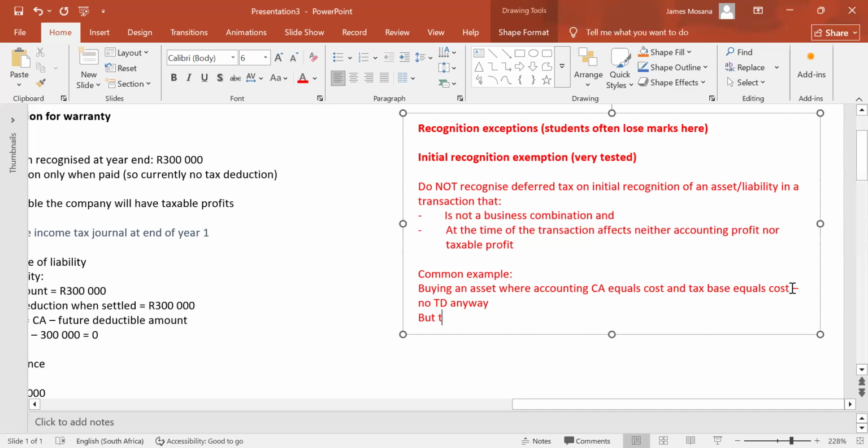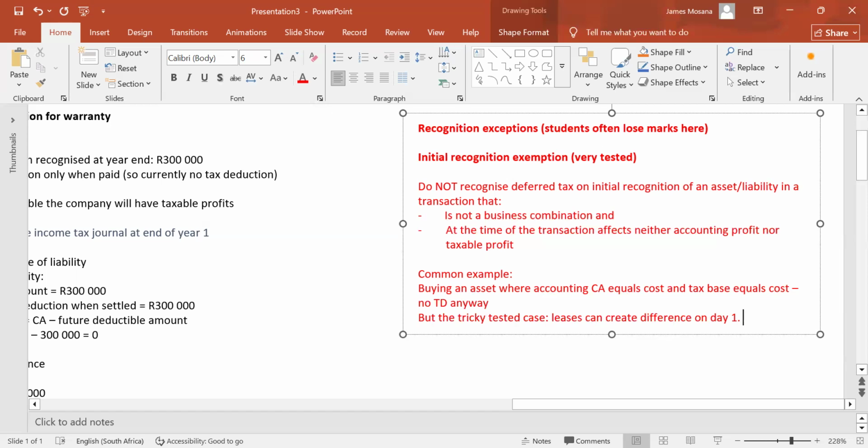But the tricky test case, right? Often with leases, leases can create differences on day one, depending on the tax rules.